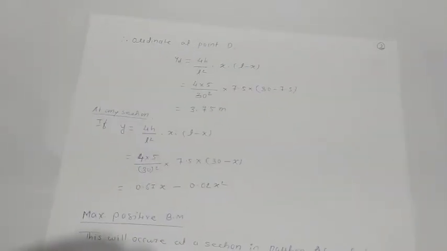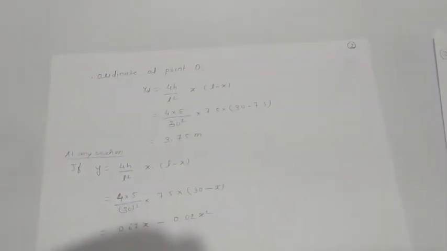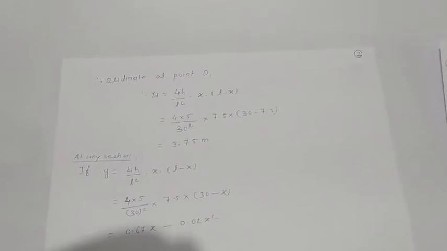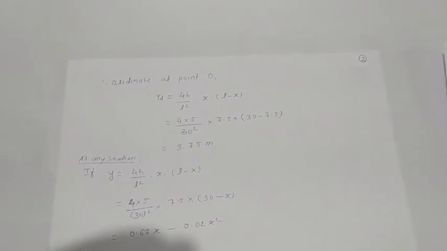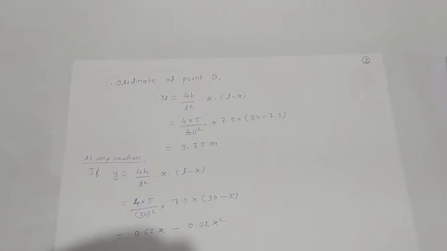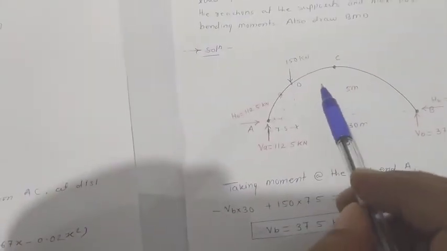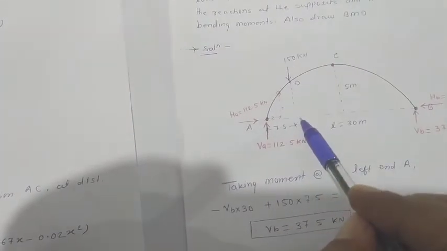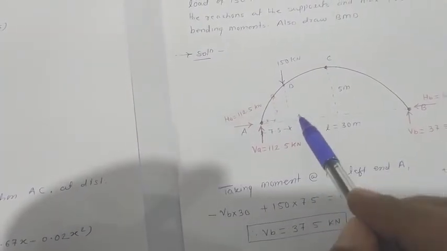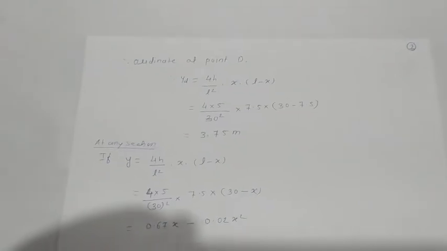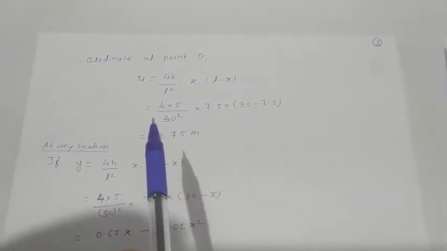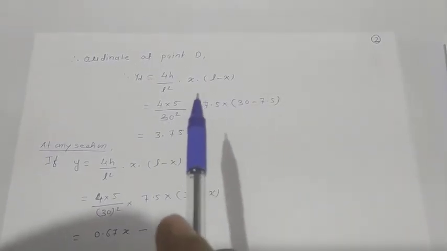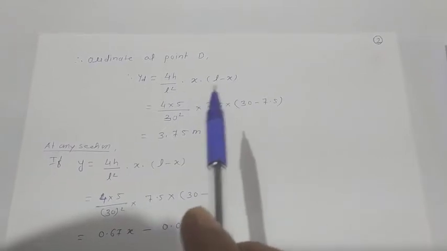Now next is the ordinate at point D. So we have to find out the maximum moment at, suppose, section D. So I have to find out the ordinate at point D, that is YD. So I have the equation YD equals 4h upon L square into x into L minus x.